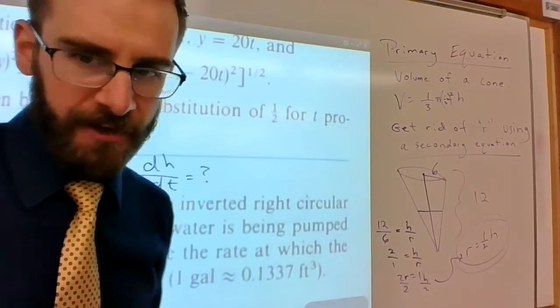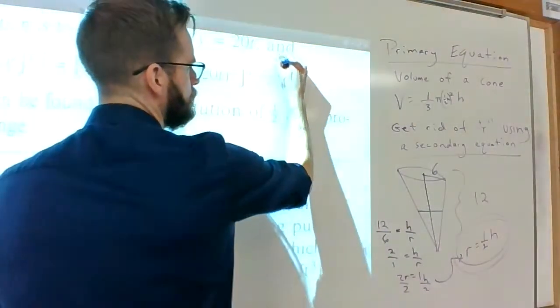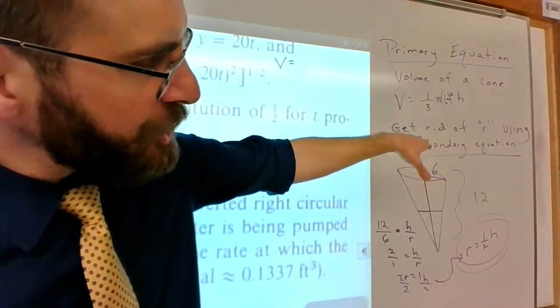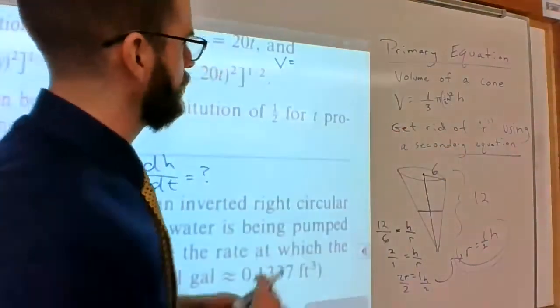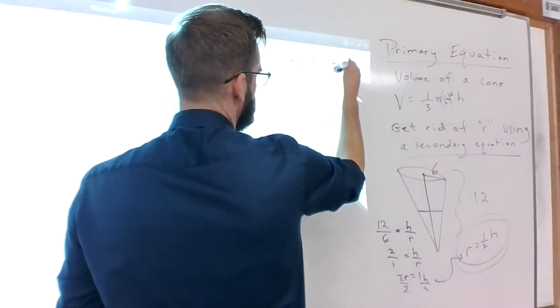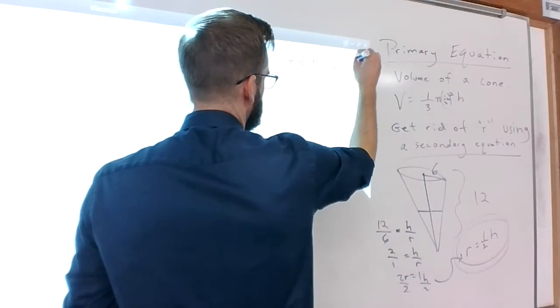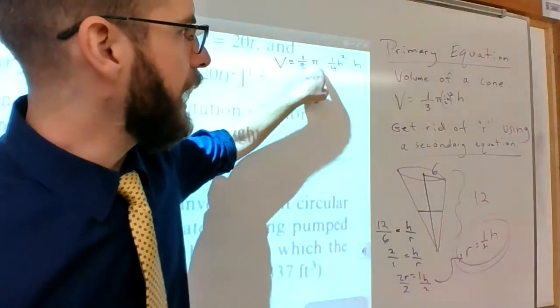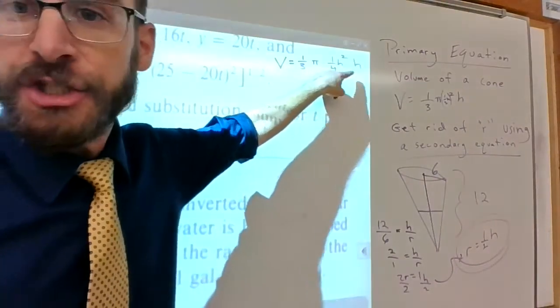So what does that give us? Well, when you square 1/2 h, you get 1/4 h squared. Which gives me 1 pi over 12 h cubed.